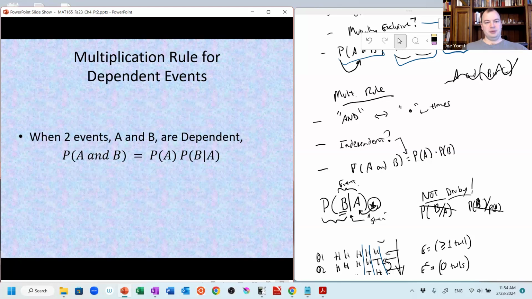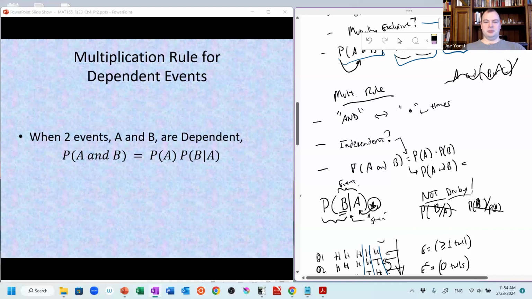When two events A and B are dependent, we have to revise our multiplication rule. And you'll notice that it looks pretty similar. For event A and B to occur, event A must occur. The outcome has to be in event A, and that happens with probability of A. The event B must also occur.